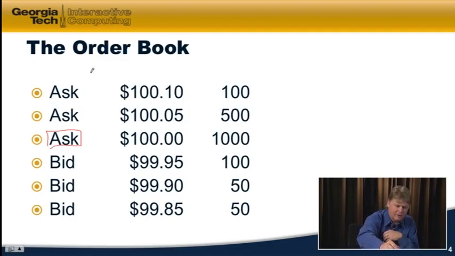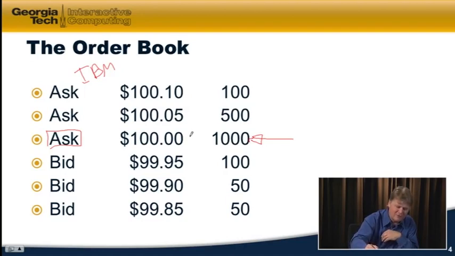So in this case, let's consider maybe that this is IBM again. There are 1,000 shares available, I'm sorry, people are willing to sell.